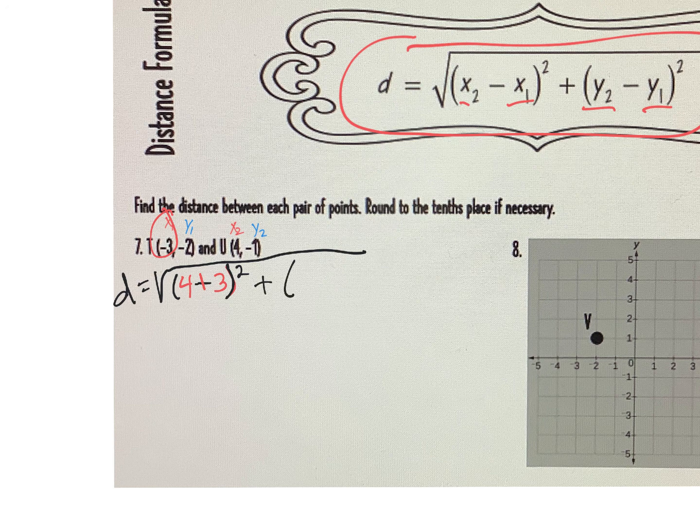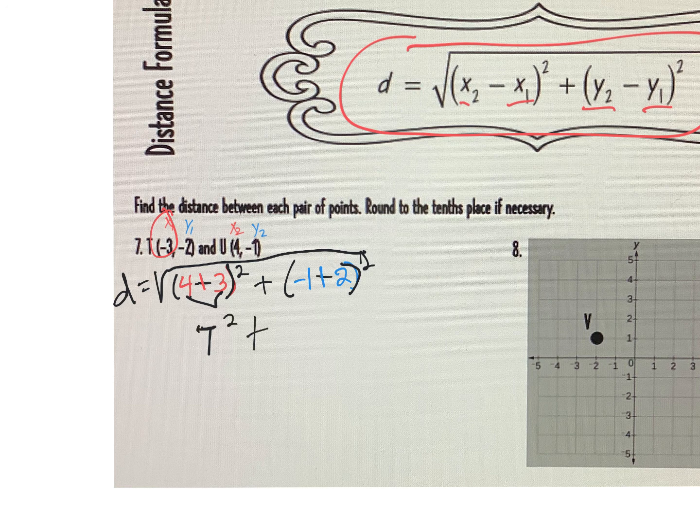Plus, then I'm going to do my y's now. My y2 is a negative 1, minus my y1, which is a negative 2. A negative and a negative make a positive 2. And then you have squared. So combine these two. 4 plus 3 is 7, so that's 7 squared.